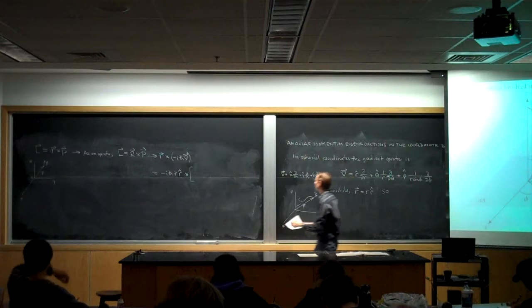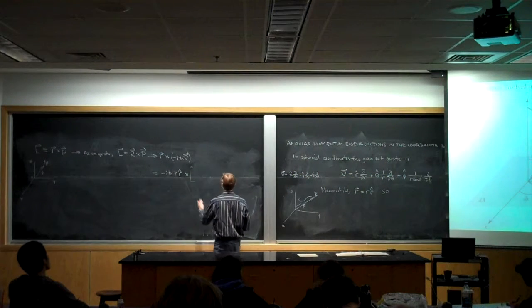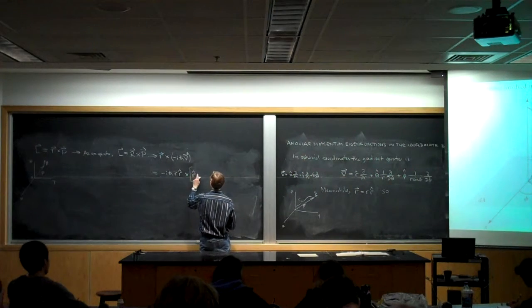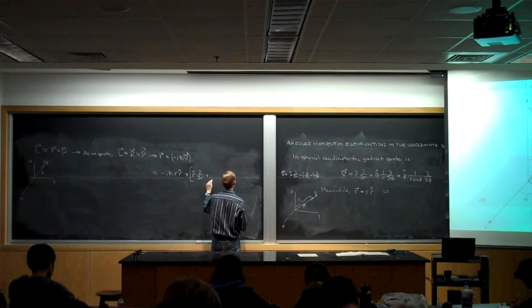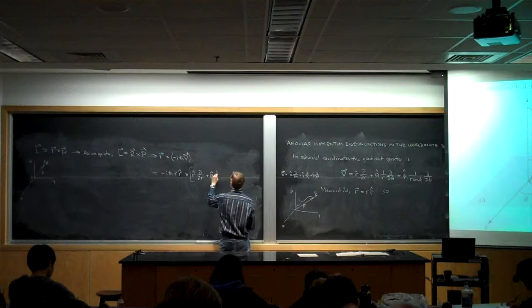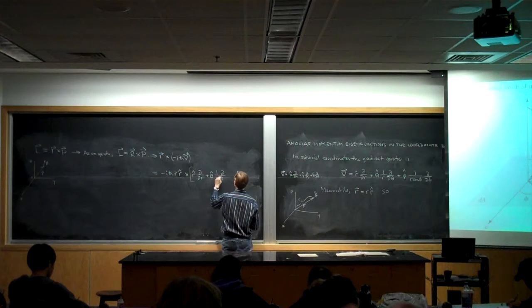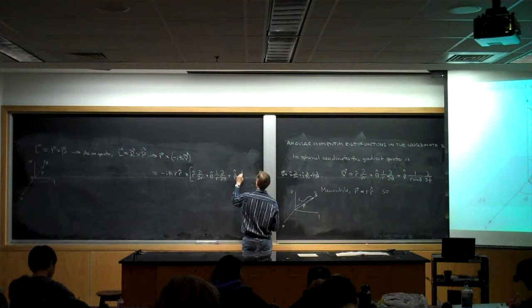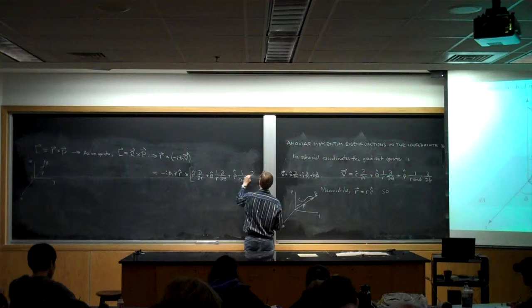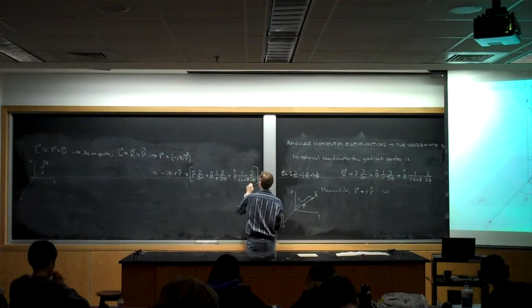So we cross r hat with r hat partial with respect to r plus theta hat 1 over r partial with respect to theta plus phi hat 1 over r sine theta partial with respect to phi.